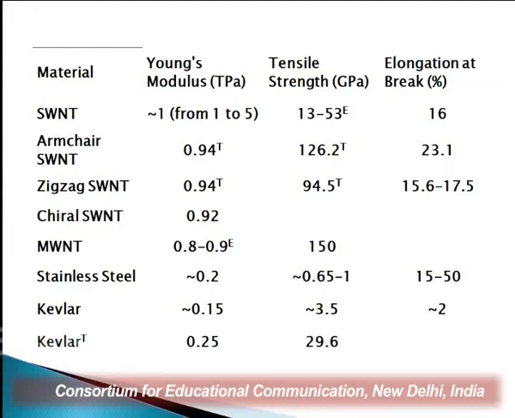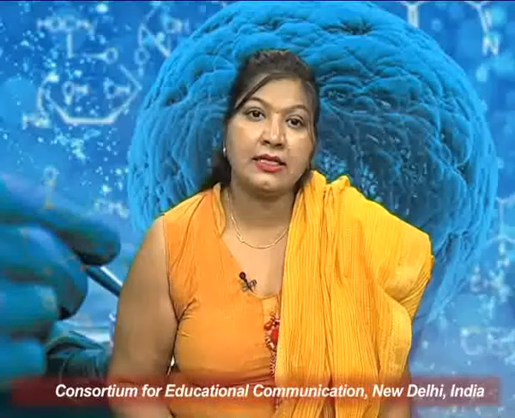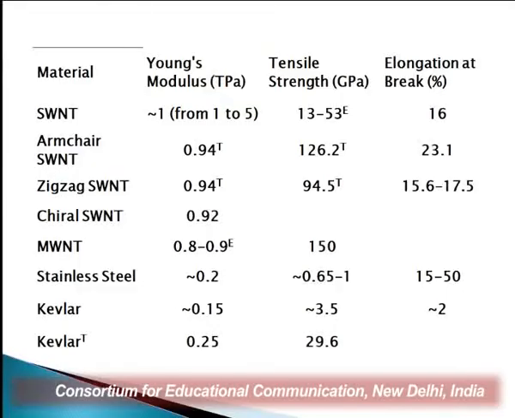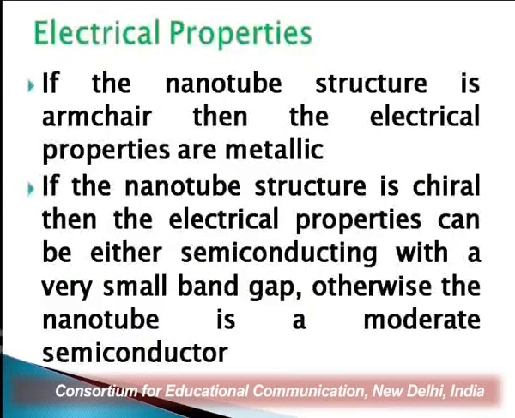The Young's modulus varies as the structure of the carbon nanotubes varies, and its tensile strength also changes. These are the parameters compared to stainless steel, for single wall, multi-wall or various types of carbon nanotubes.